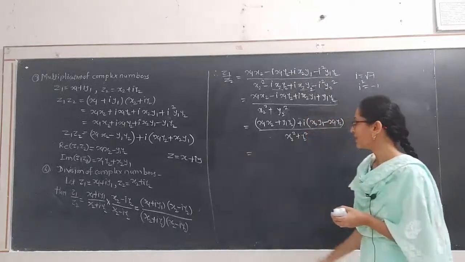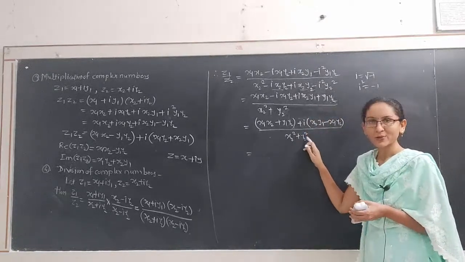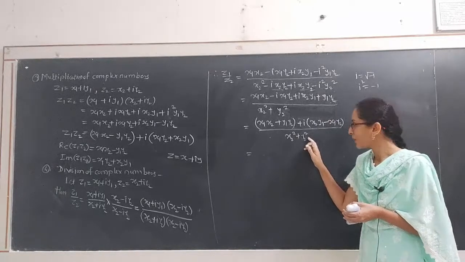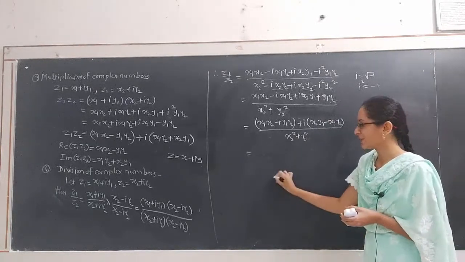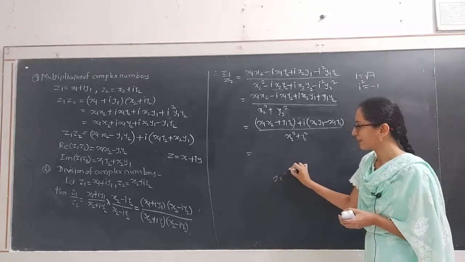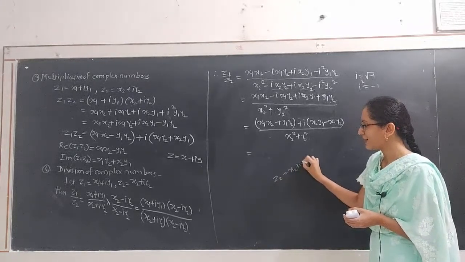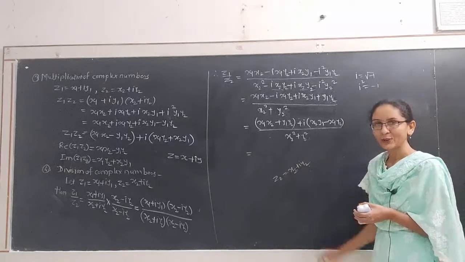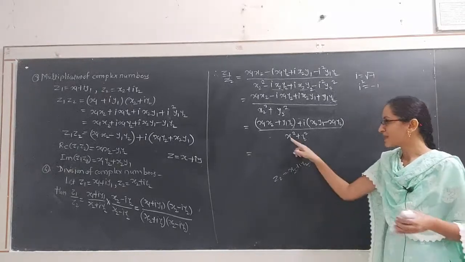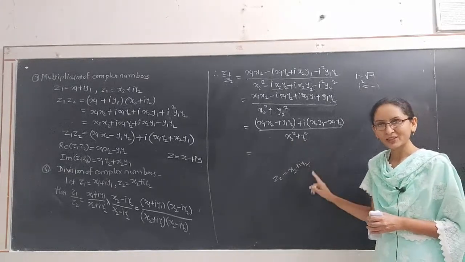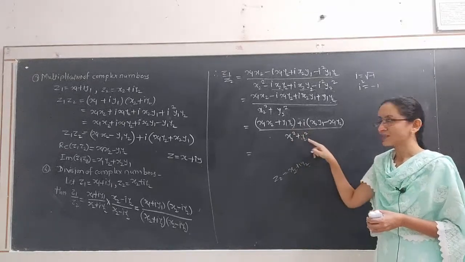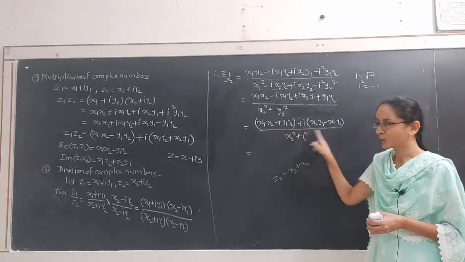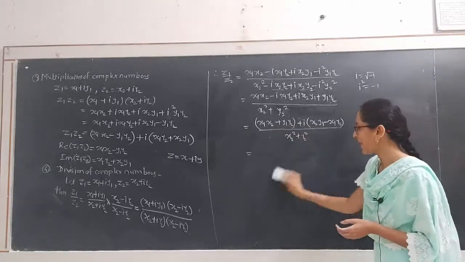This x2 square plus y2 square is a real number because it is the addition of two real numbers. By the definition of complex number, z2 is equal to x2 plus iy2, where x2 and y2 are real numbers, so their squares are also real numbers and hence the addition is a real number. The denominator of the quotient is a real number. We separate it into both the real and imaginary parts.